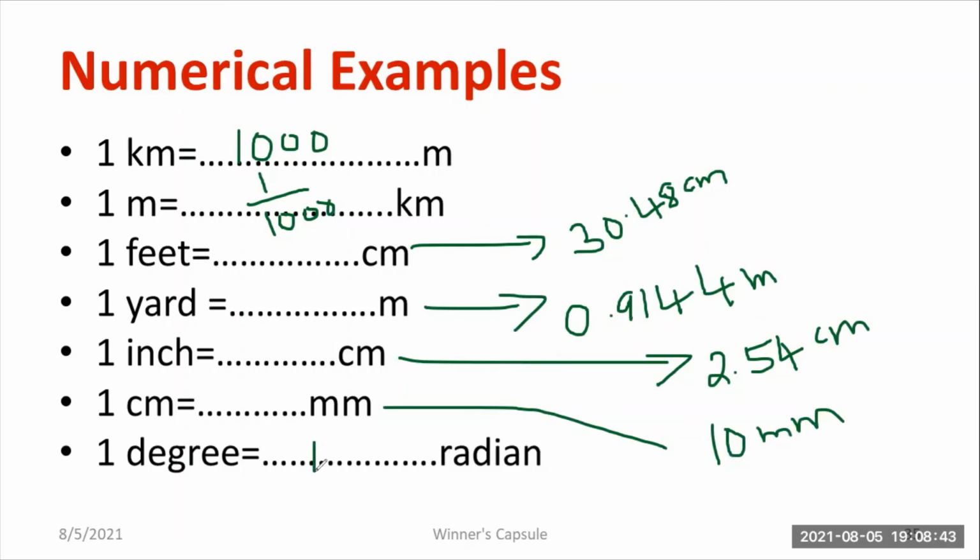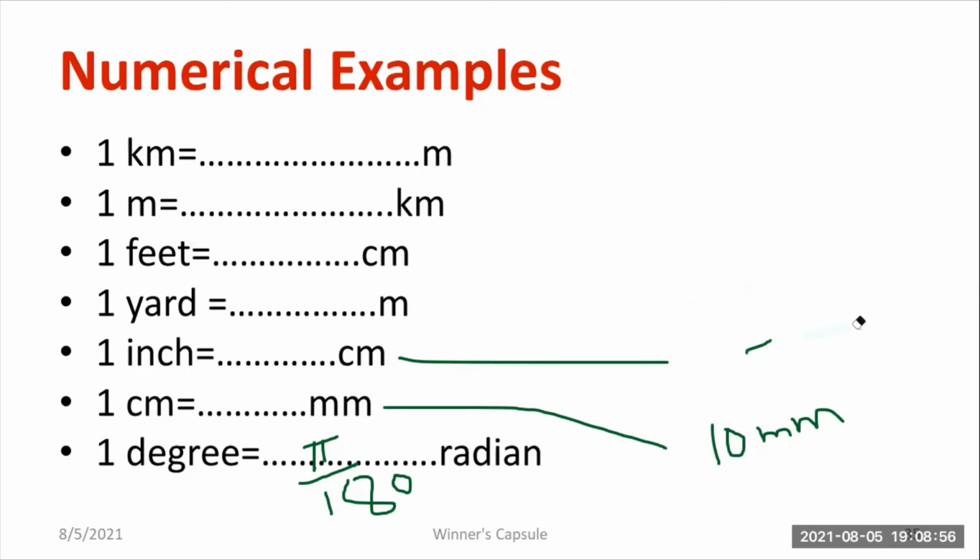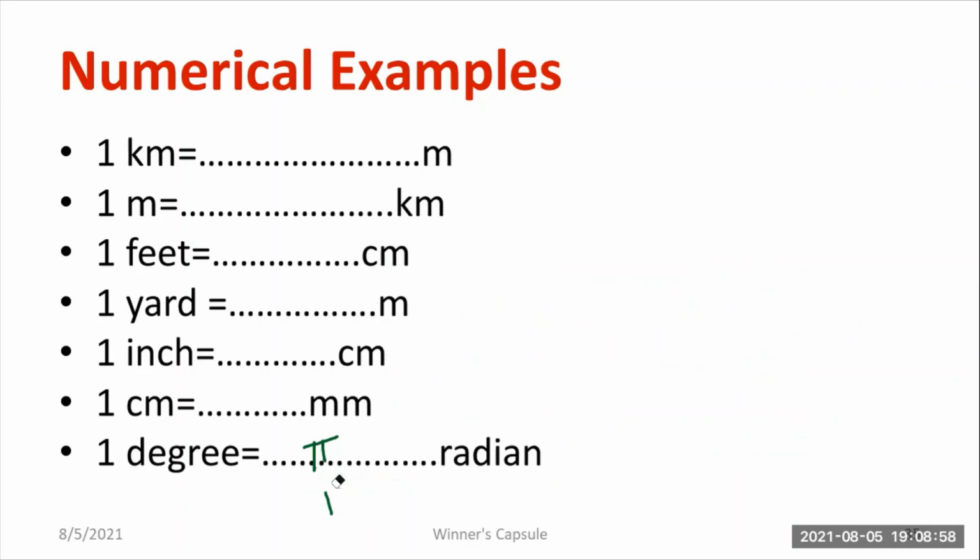That means pi by 180. Pi divided by 180 radian. And vice versa, you can write it vice versa also. Hope this is useful. And whenever a numerical problem comes, you can apply the same concept.